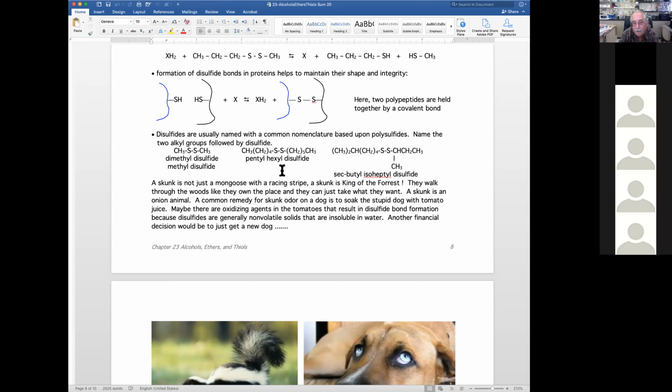Not only that, they change things every so often, and so you have to deal with those changes. So for certain things like ethers and disulfides, we just go with the old-fashioned simple way because most of them are going to be very small and simple anyway.